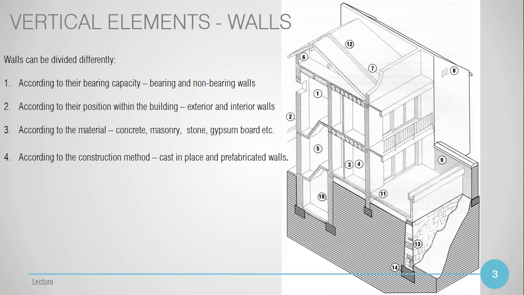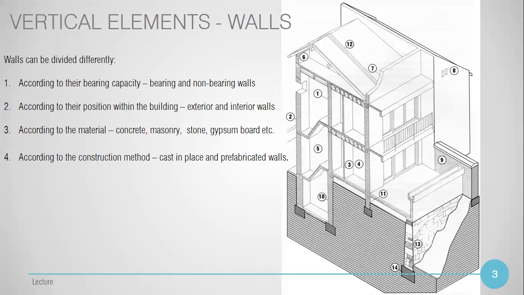According to position within the building, we divide the walls into exterior walls and interior walls. That is about the location of the walls. When the wall is located inside, we call it an interior wall. Outside, in contact with nature and the external temperature, we call it an exterior wall.